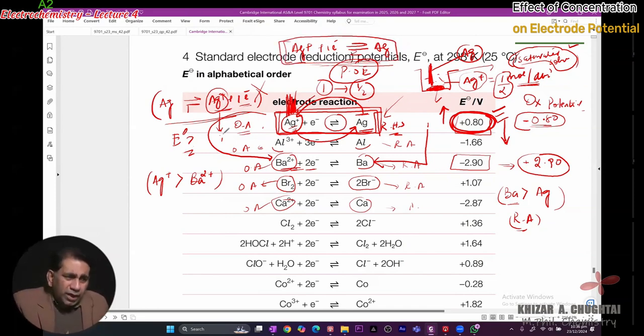If you decrease the concentration of Ag positive ion, equilibrium will be shifted back, so E naught will be decreased. According to the reversed equation, the answer will be reversed, and in my opinion, as far as my experience and the old marking schemes are concerned, that answer will be wrong.